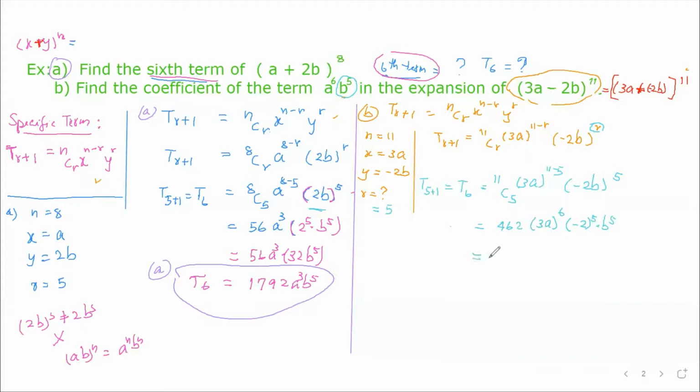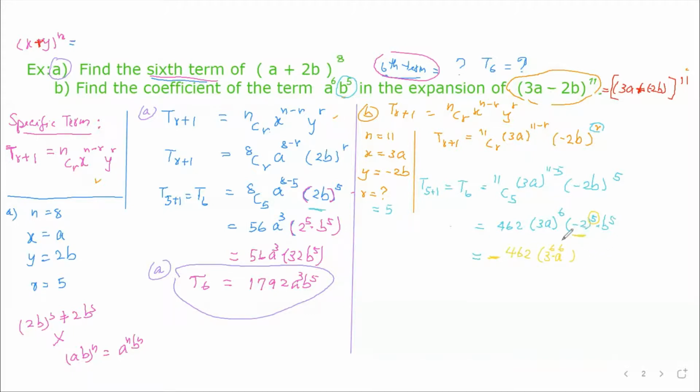Because this is negative and the power is an odd number, the sign should come out negative. So we write it down first. Then we have 462. Again, don't forget, it should be 3 power 6 and a power 6 this time.